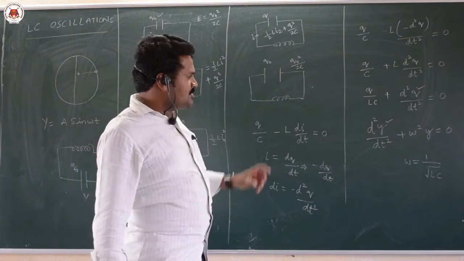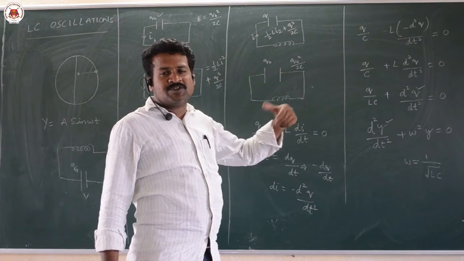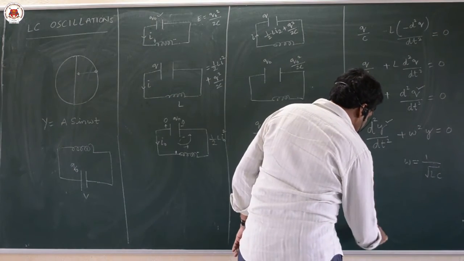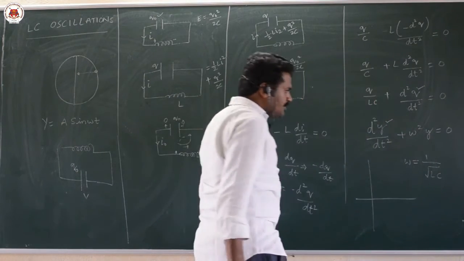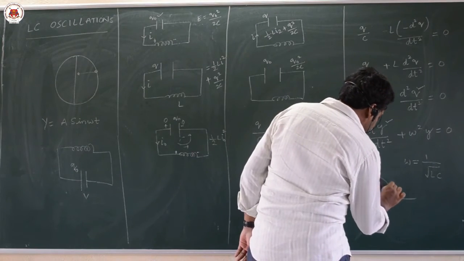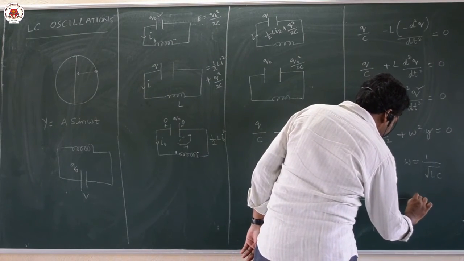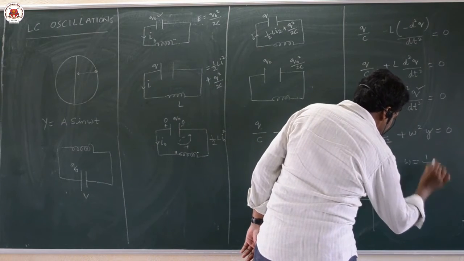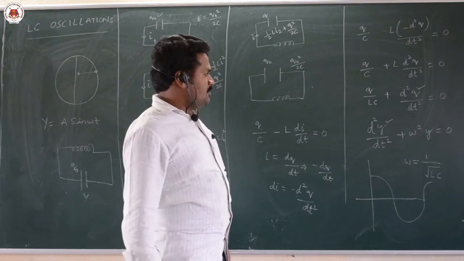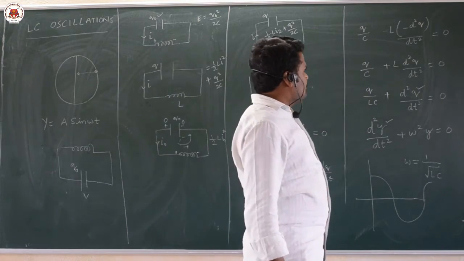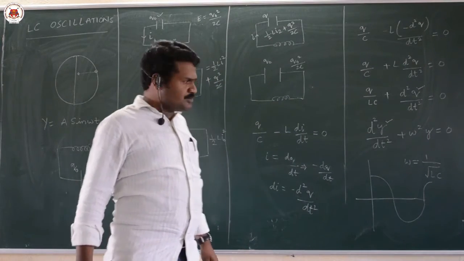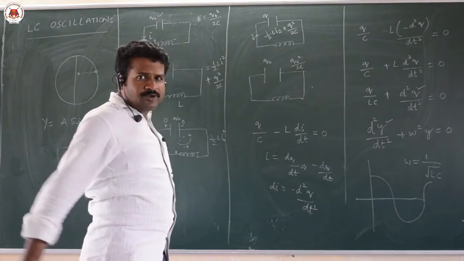That means charge is changing with respect to time. At time t is equal to 0, charge was maximum, then reaches 0, reaches minimum, again reaches 0, again reaches maximum. And this equation will give one formula, that is y is equal to a sin omega t. We don't know whether the oscillation starts from the origin or not.